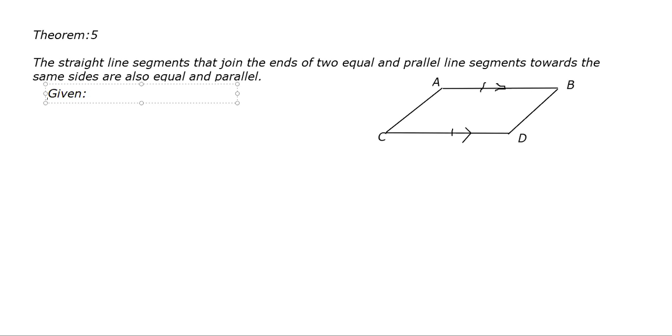AB and CD are parallel and AB and CD are equal. AB and CD are equal and parallel. It is given.